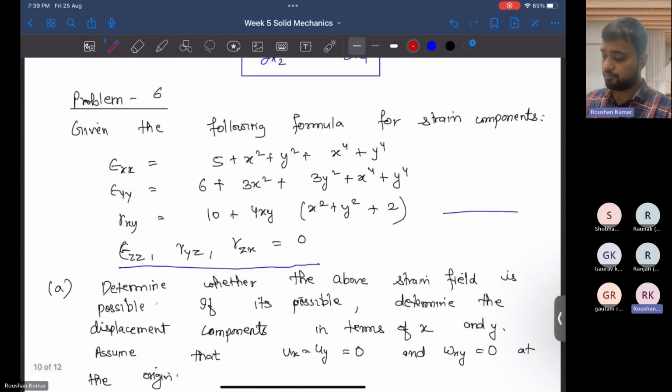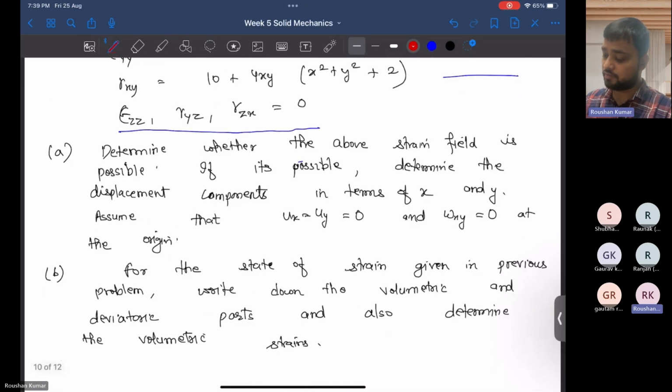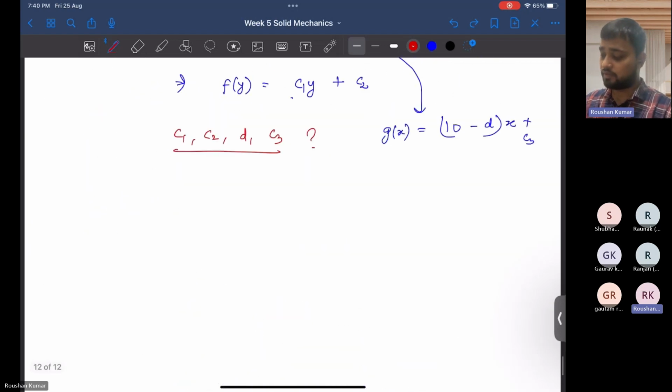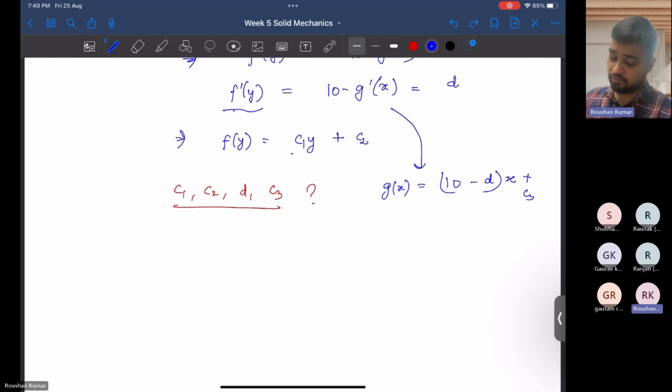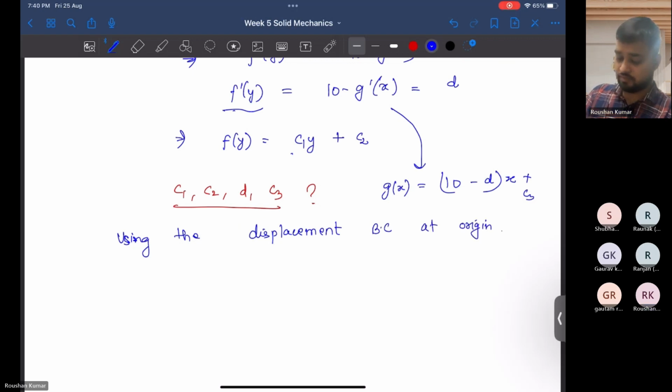The question's boundary condition is given here, that is, assume that ux, uy equal to 0 and wxy equal to 0 at the origin. So the displacement boundary condition is prescribed here, so we will use it. Using the displacement boundary condition at origin, ux at the origin, that is (0,0), equal to 0.